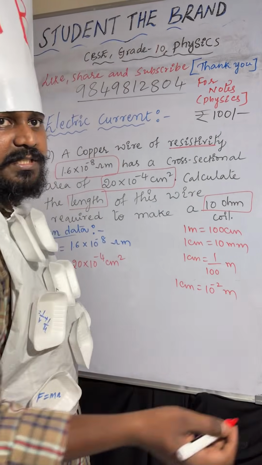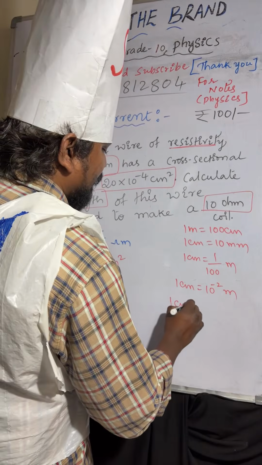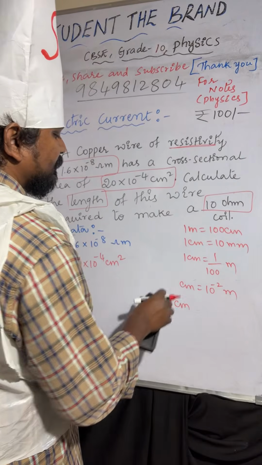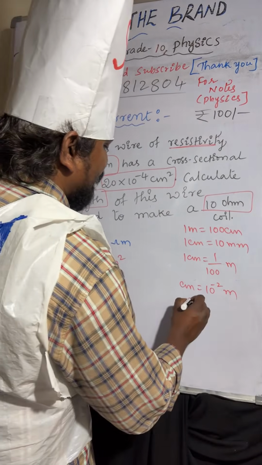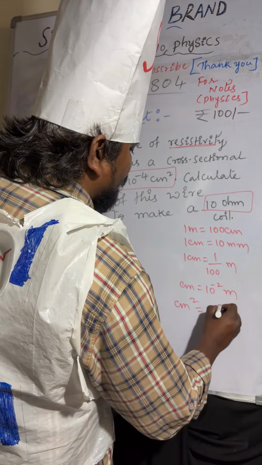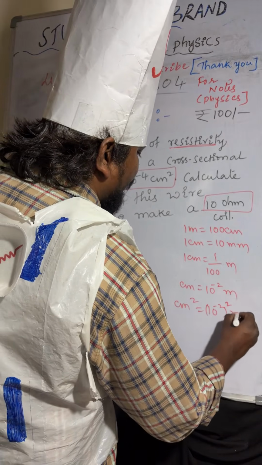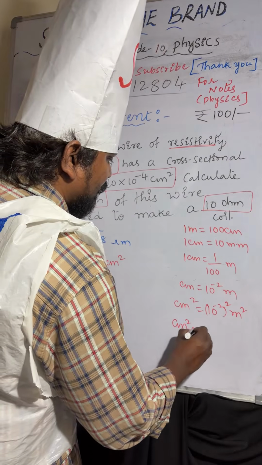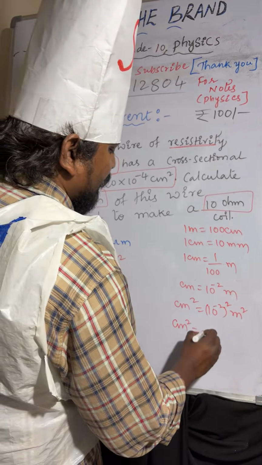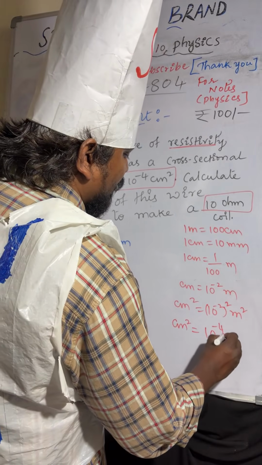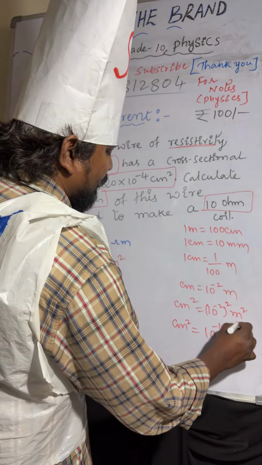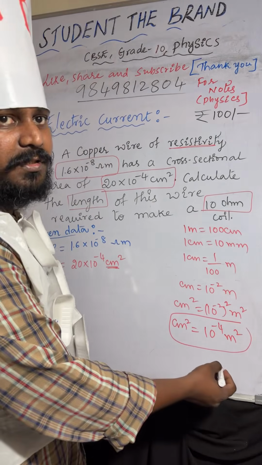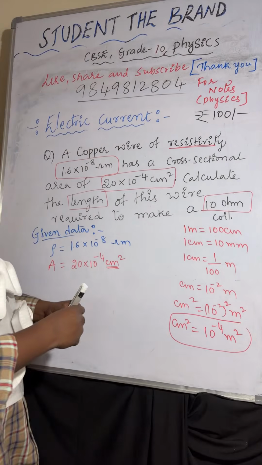So square on both sides: centimeter square equal to 10 power minus 2 whole square meter square, that is 10 power minus 4 meter square. So in the place of centimeter square, simply you can substitute 10 power minus 4 meter square.